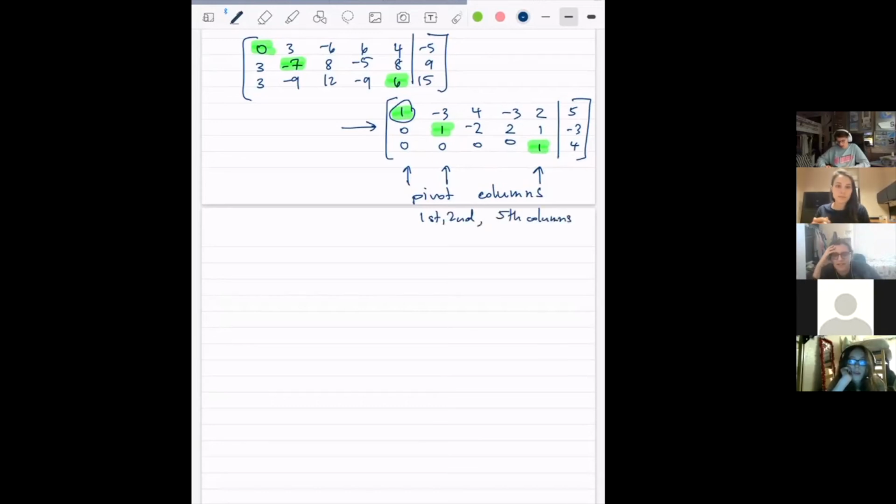Sorry, I do have a question. You said as long as it's non-zero, but okay, never mind. So the things that you highlighted in the upper matrix, those aren't pivots. You're just showing us where the pivots will eventually go. They are pivot positions, so that's different than pivots, right?